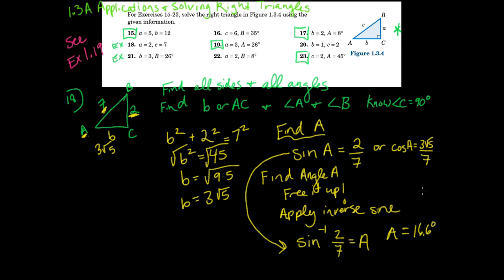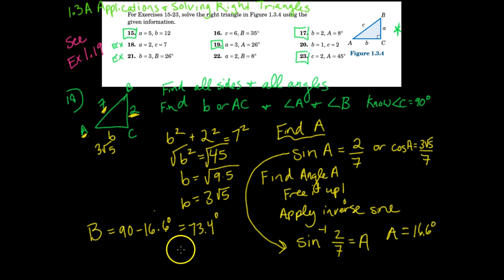Now if angle A is equal to 16.6 degrees, that means angle B is equal to 90 minus 16.6 degrees, which is 73.4 degrees, if I did my math correctly.